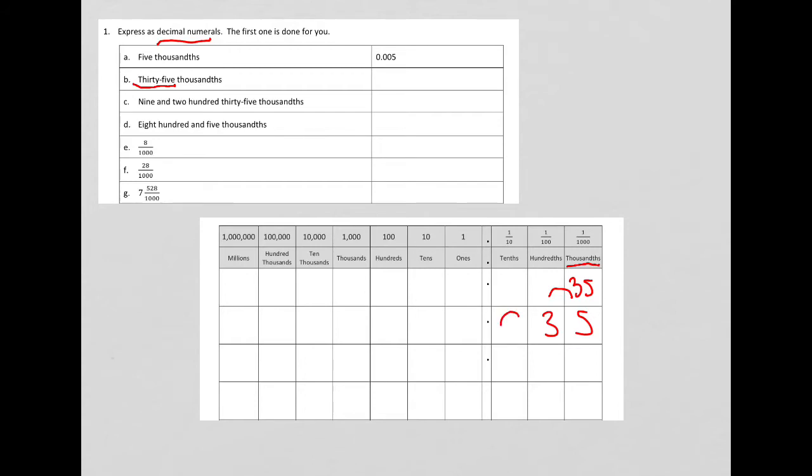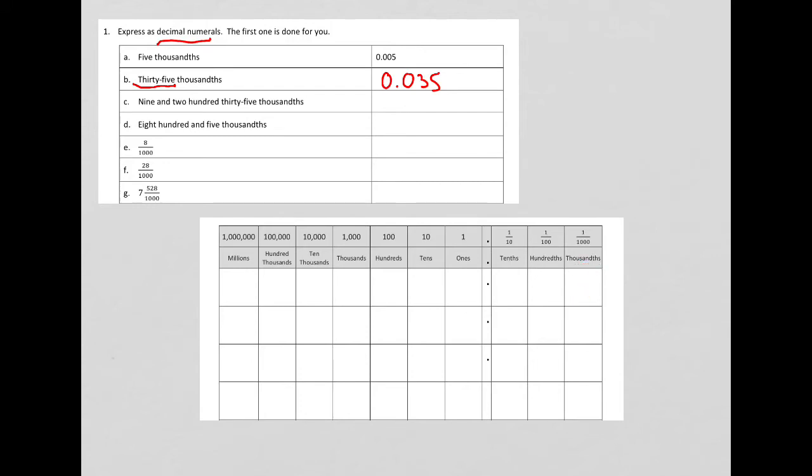So I need to fill in the zeros until we get to the decimal. And so it's 0.035. We put that leading zero in the front to sandwich that decimal so it doesn't look like a period. So 35 thousandths we can write as 0.035.